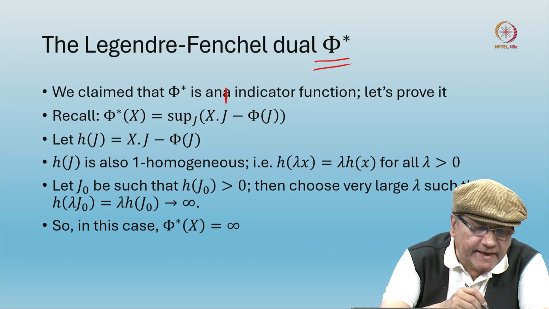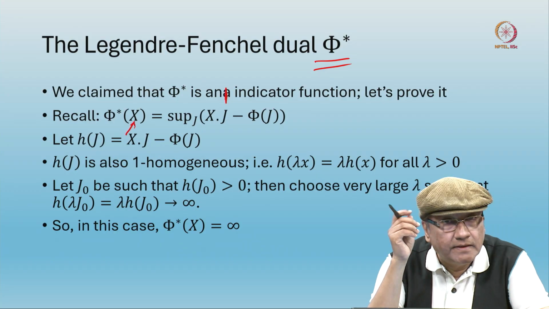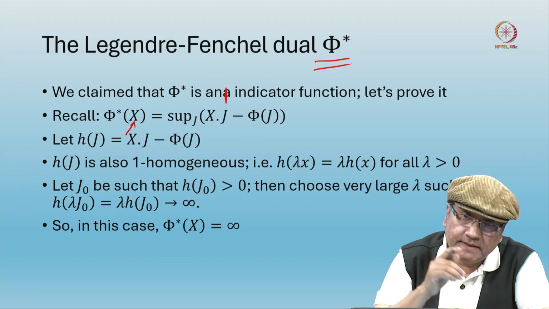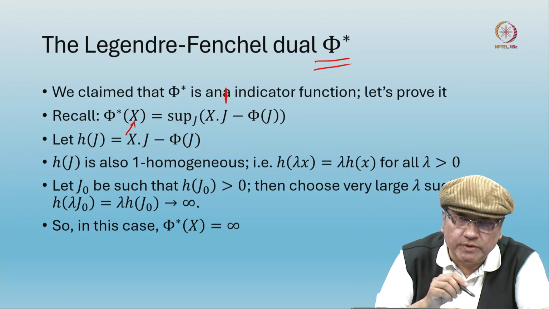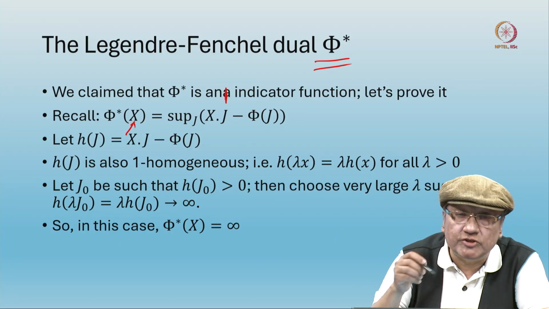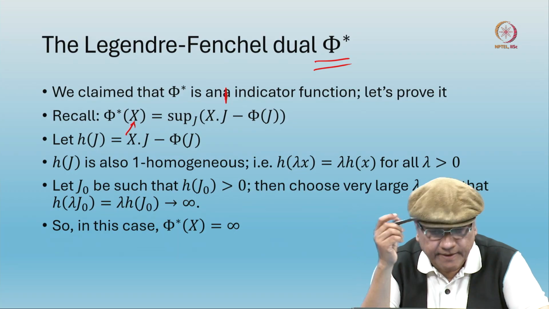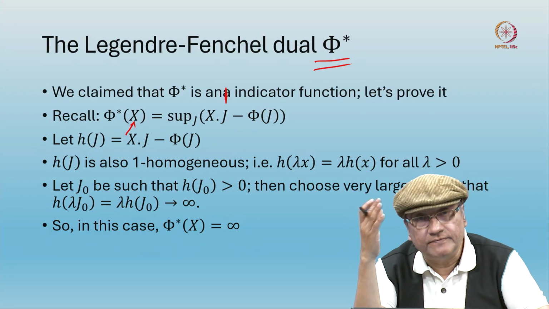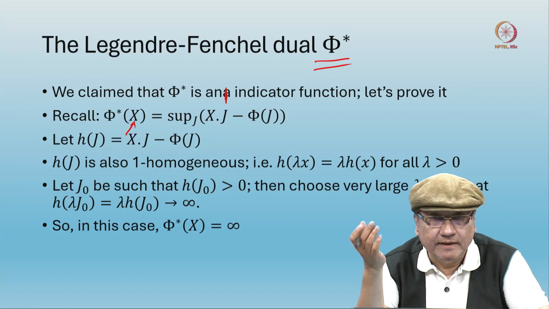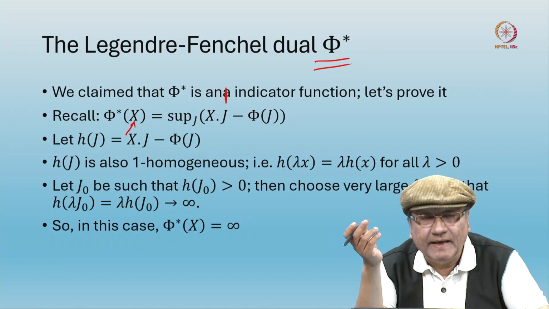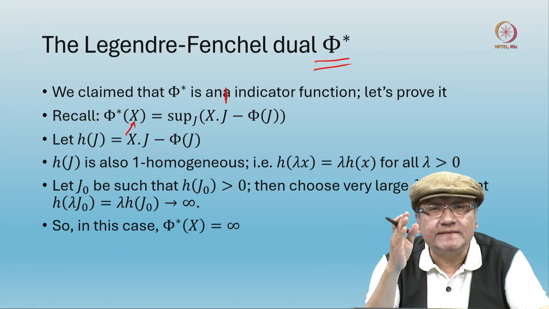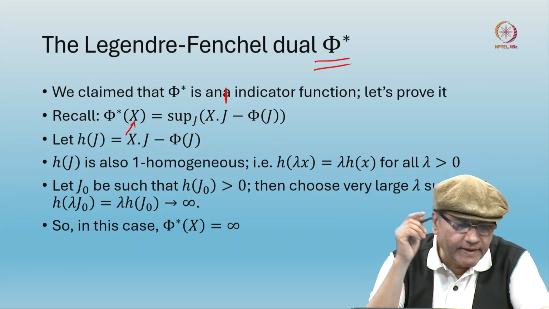Let us call this x. Remember that x is in the dual space to the vector or function space in which J is. Phi is a function of J, phi star is a function of x, phi star is dual to phi, and x is dual to J.